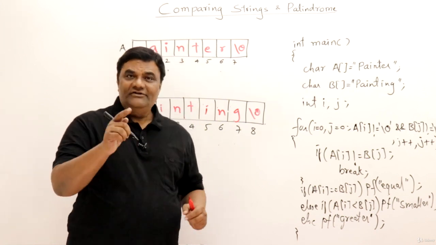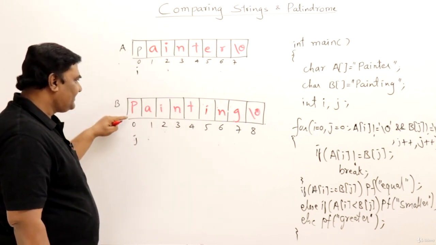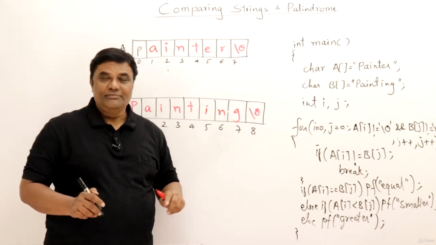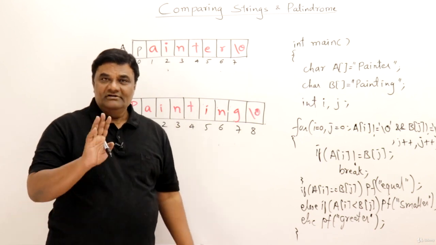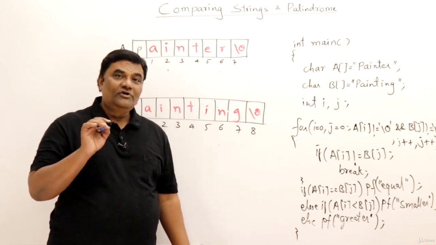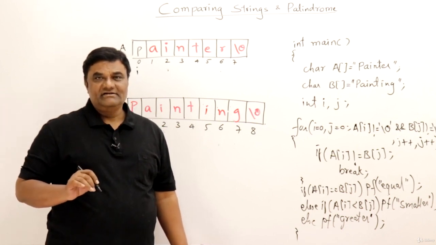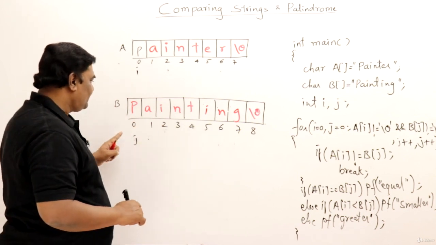So how to do that? First of all, you should know the case of an alphabet. It's a lower case and this is upper case, right? So you change them into any one of the cases, both in lowercase or both in uppercase. Then compare them. This is what you can do if you want to check them by ignoring their cases. Otherwise, the procedure we wrote will stop here only.